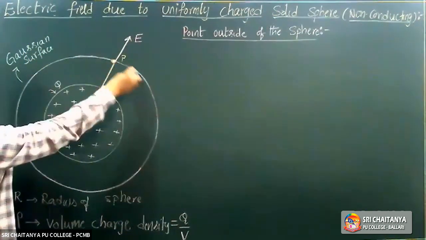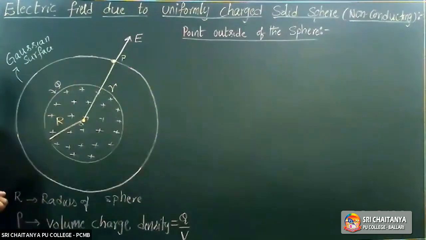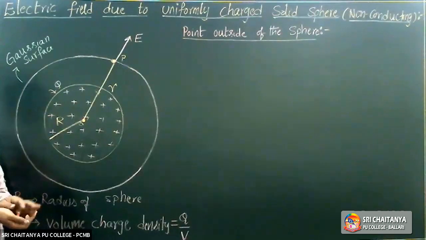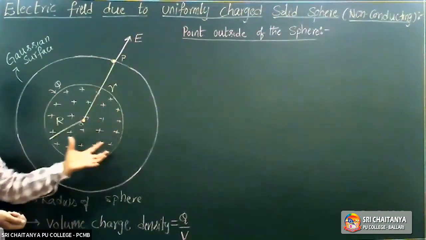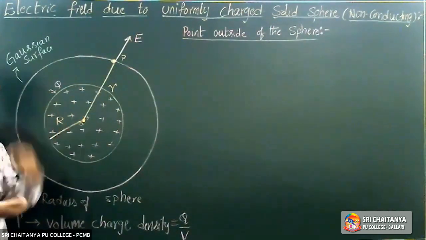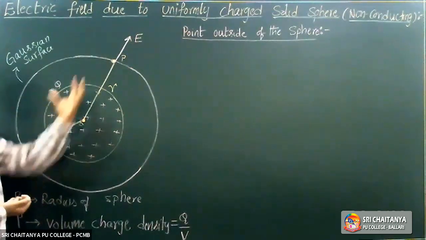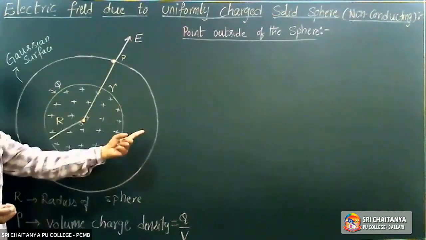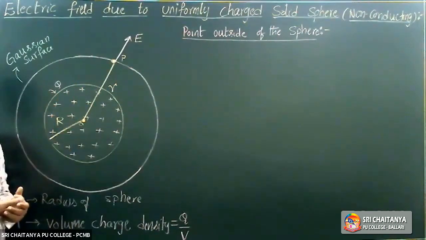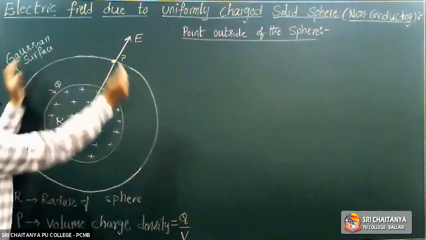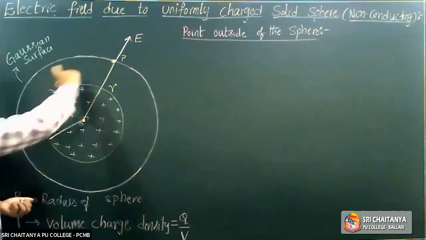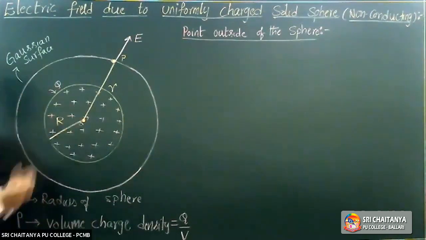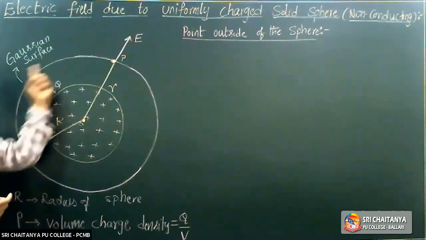It has to include the sphere and be symmetric about the center. So the shape of the Gaussian surface is also like a sphere, a spherical shell, a hollow sphere, right?